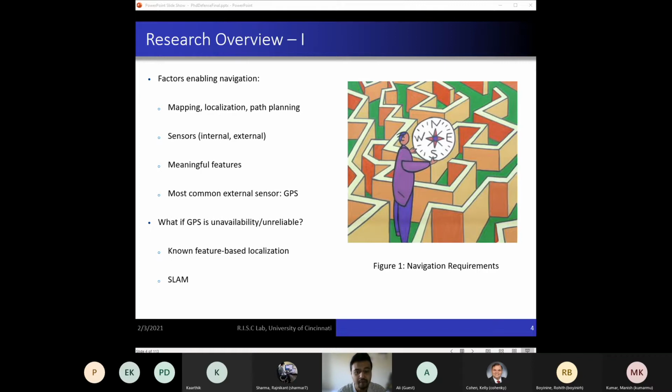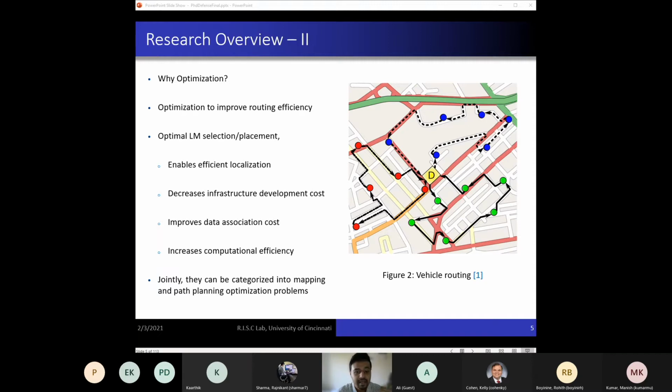If the features in the environment are known, we can perform known feature-based localization. If the locations of these features are unknown prior to the navigation step, we need to perform simultaneous localization and mapping, at least estimating the positions of the features along with the states of the vehicle. Each of these steps involves some degree of computation, and the measurements definitely require data association.